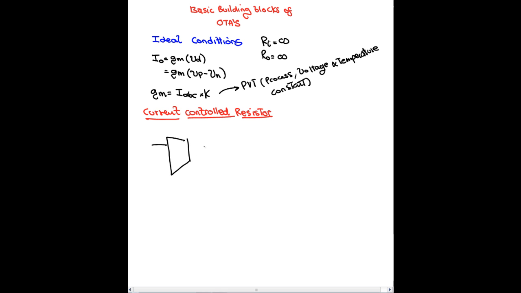Here's the OTA. That's the negative pin, this is the positive pin, and to the ground. And then we got this, a grounded resistor.